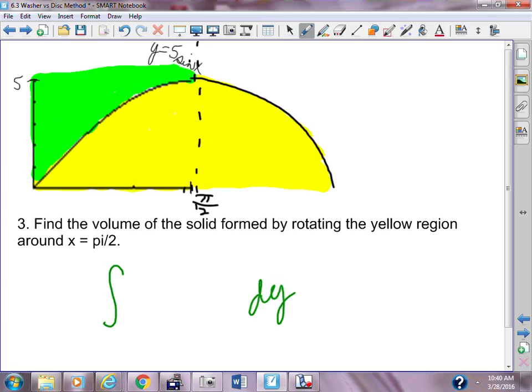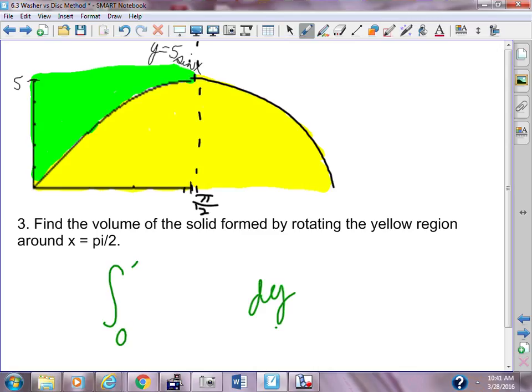Will you agree? However, it is a vertical line. Which axis is also vertical? Y. So if you're going around something parallel to the y-axis, that means you cut dy. Whereas if you're going around something that is parallel to the x-axis, then you're going to have dx. Make sense?